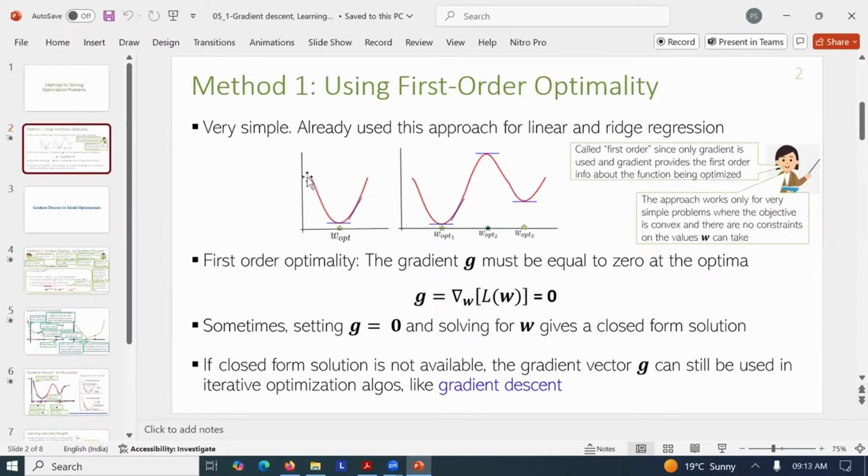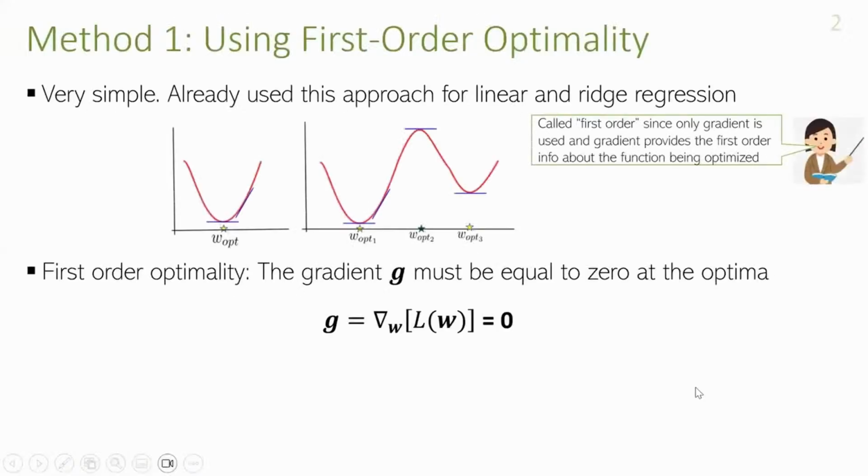So suppose this is the loss function, and you want to get the optimal value of the parameters. If you are using first order optimality, this method will differentiate this function with respect to the unknown parameter.